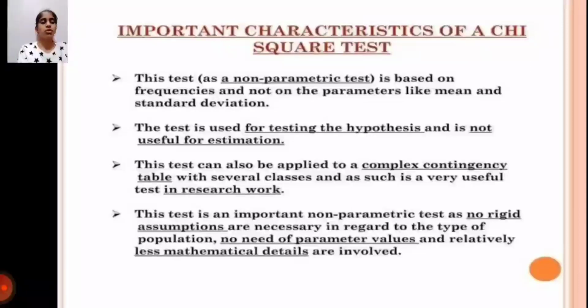This test can also be applied to a complex contingency table with several classes, and as such is a very useful test in research work. This test is an important non-parametric test as no rigid assumptions are necessary in regard to the type of population, no need of parameter values, and relatively less mathematical details are involved.